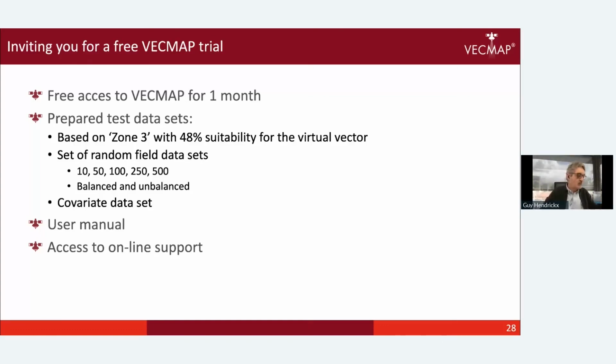When you work with real field data, that will be covered in the webinar on pseudo absences, because in real field data you never know for 100% sure if an absence is an absence. Again, that's why we did this exercise with the virtual vector. But the field data will be covered in another webinar.